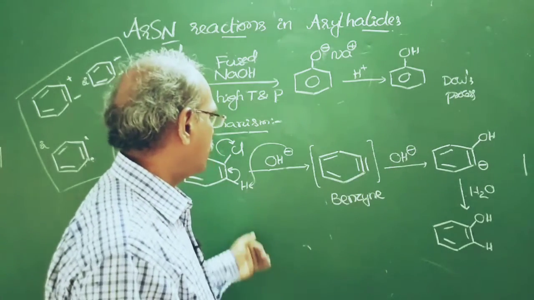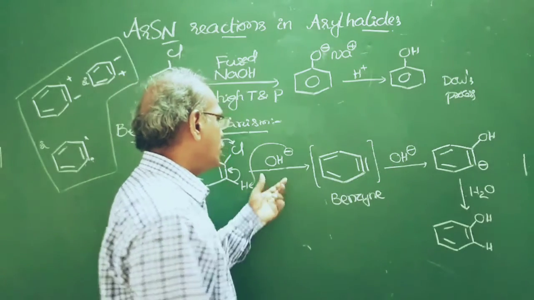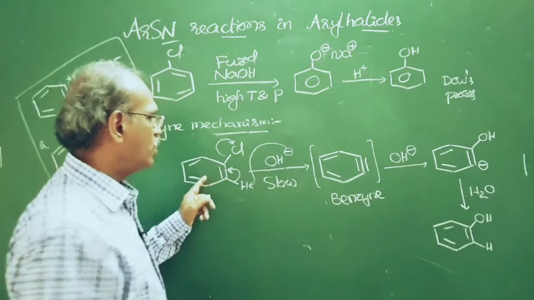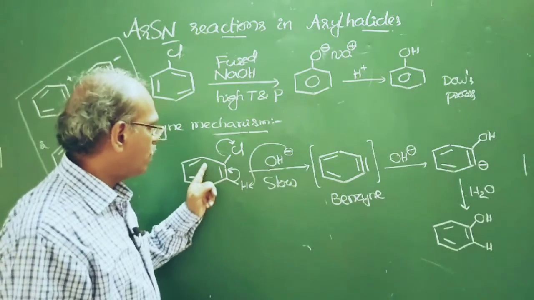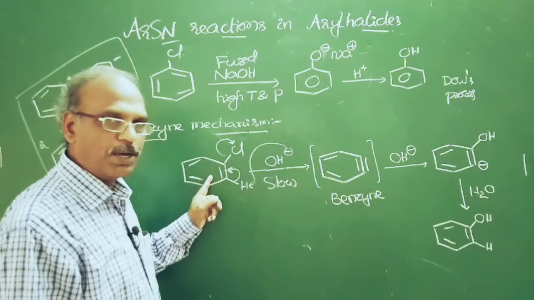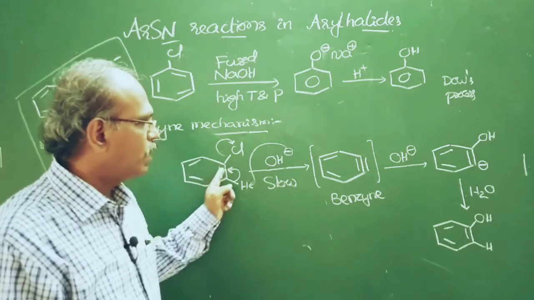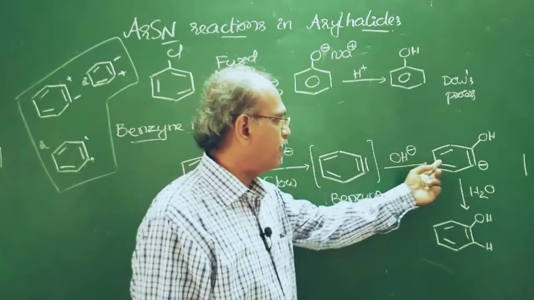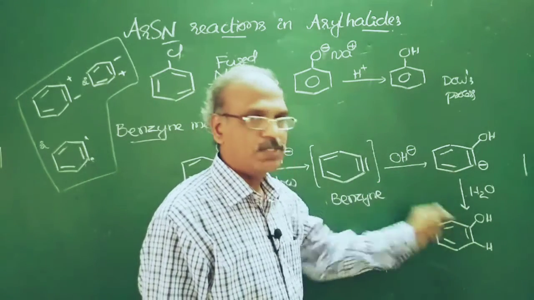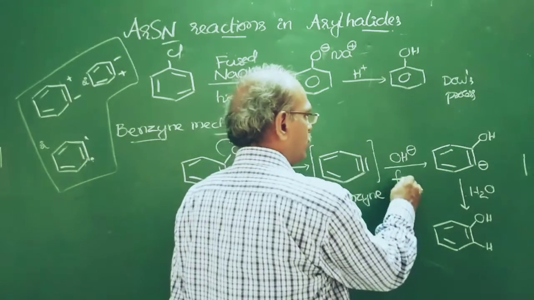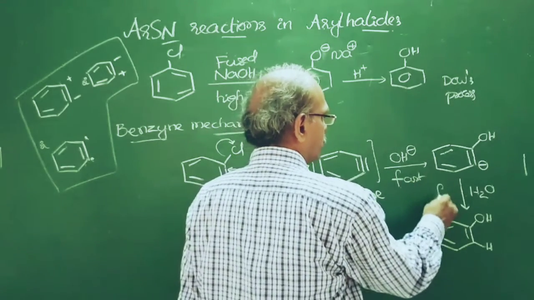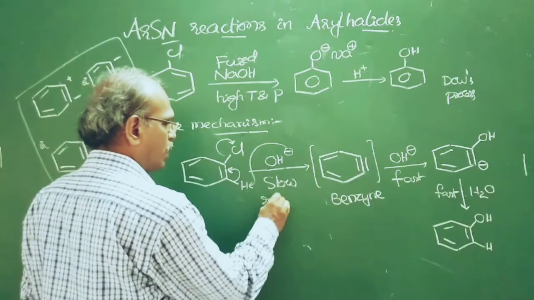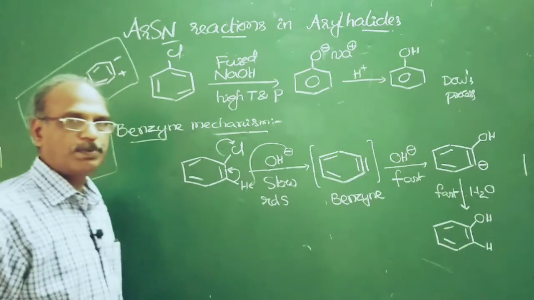Now let's see, relatively, this is the slowest step because it involves disturbing the aromatic stability. A less stable intermediate is formed. Okay, this is an ionic reaction. This is an acid-base reaction. Relatively, these are fast. So this is the rate determining step.